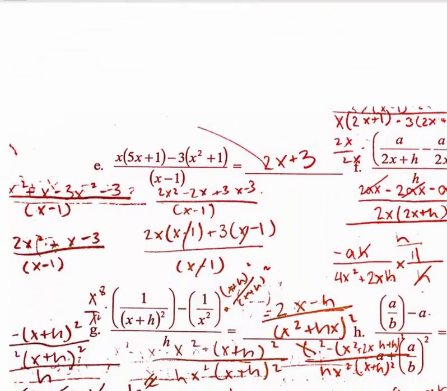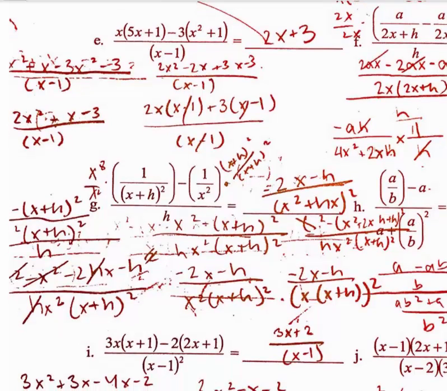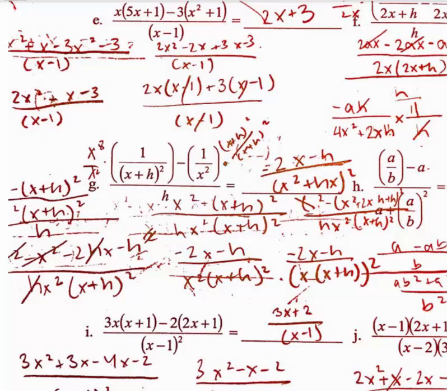Last, here's another one where it's a little challenging to read. So work on the organization. Many of you did a really great job of organization, and some of us still need to work on it a little bit. What I want you to notice is right here, and right here. You have to be really careful, because I'm not sure if that's an x or a y minus 1.